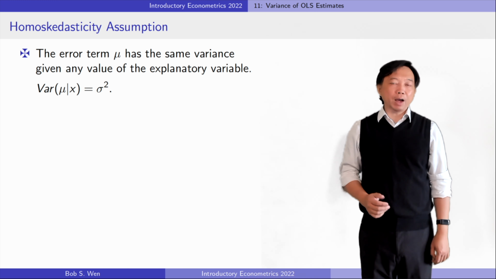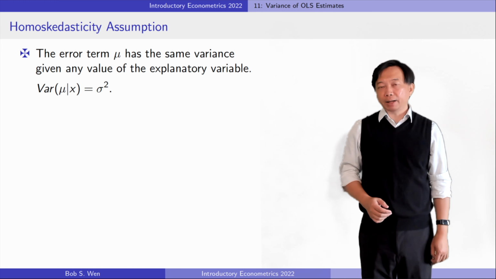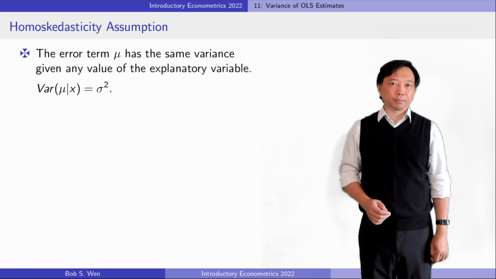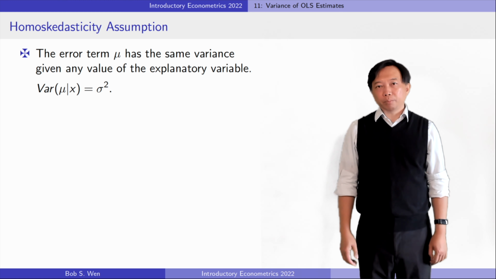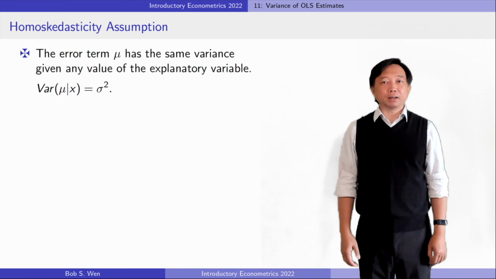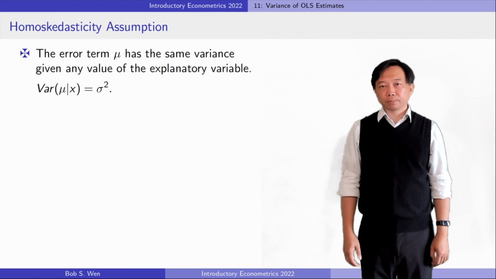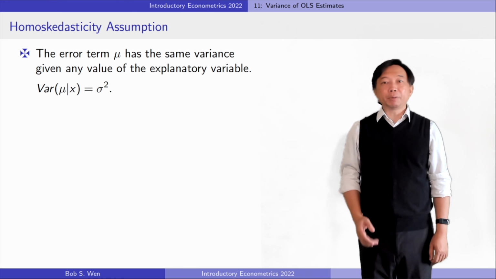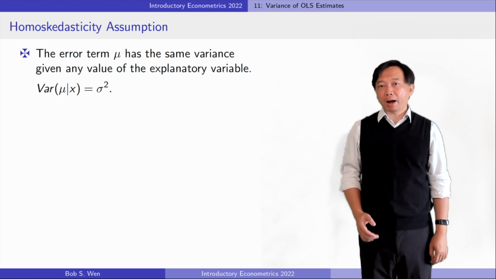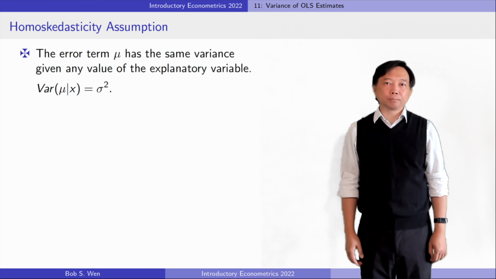This constant variance of the error term is known as the homoscedasticity assumption. We don't need this assumption to prove the unbiasedness of the OLS estimators. It's only for simplifying the calculation of variance of the estimators.